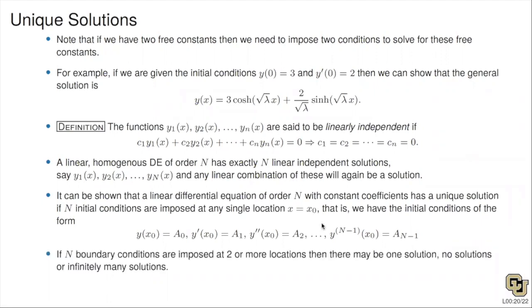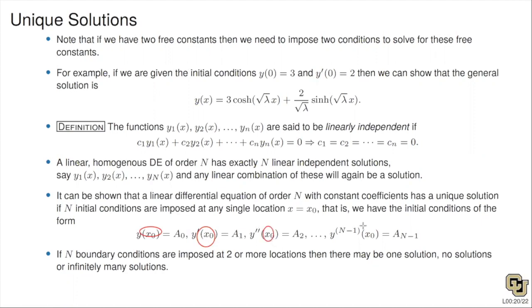So here, it is possible to get a tricky situation. In matrix methods, you remember the fundamental lesson is that when we solve linear systems, there are only three possibilities. You have one solution, you have infinitely many solutions, or you have no solutions. Here, by playing games with the boundary conditions, you can also create those situations, if we give boundary conditions at more than one location. Here we have a boundary condition at x sub 0.